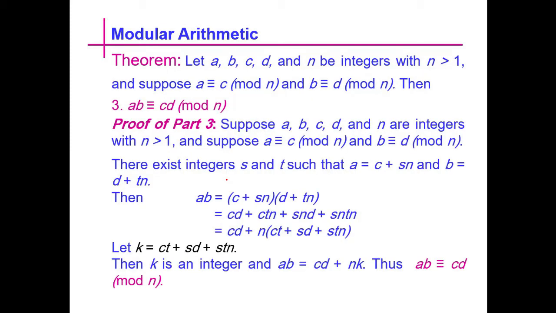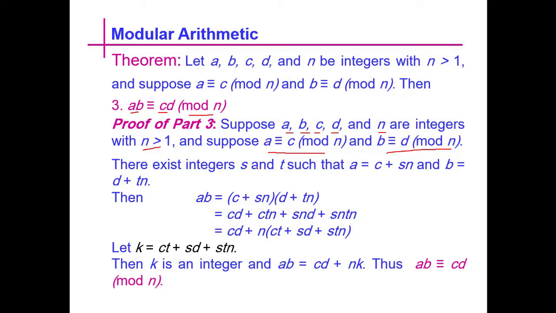So we are proving the part 3 in which ab is congruent to cd mod n. So suppose we have a, b, c and d integers and n is greater than 1, and suppose a is congruent to c mod n and b is congruent to d mod n.